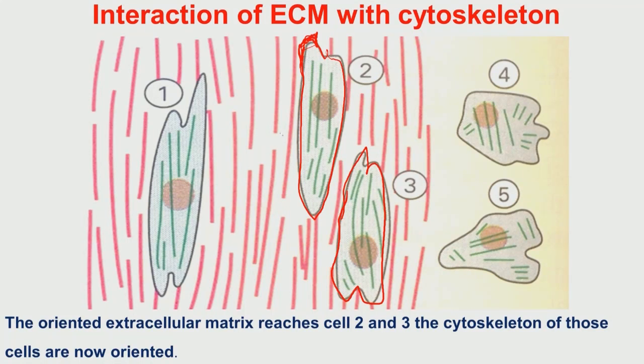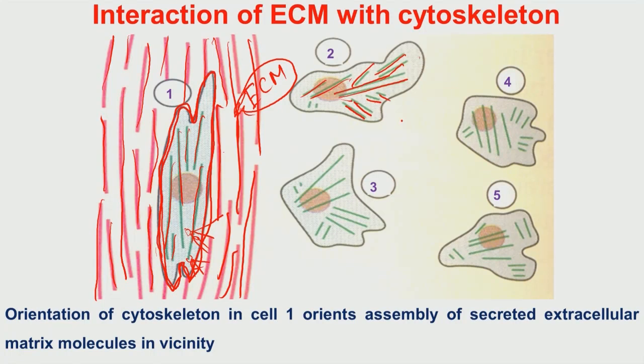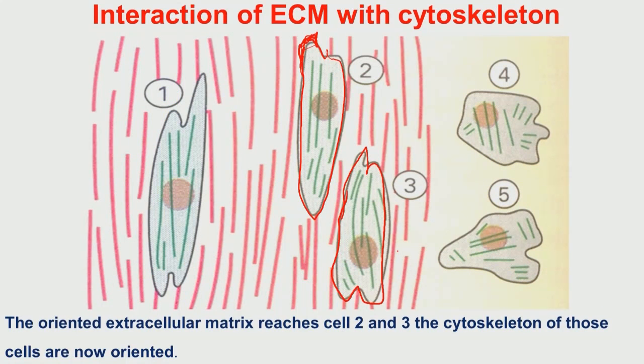If you see the cell shapes marked as 2 and 3, you would be able to realize a distinct difference in terms of cell shape and cytoskeleton orientation. This cytoskeleton reorganization helps the ECM provide more mechanical or structural support to cell number 2 and cell number 3.